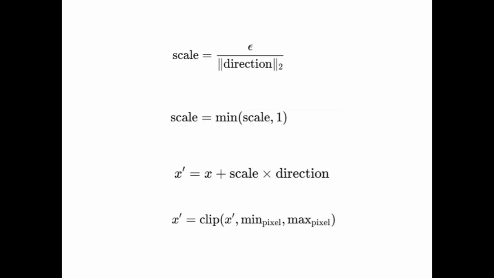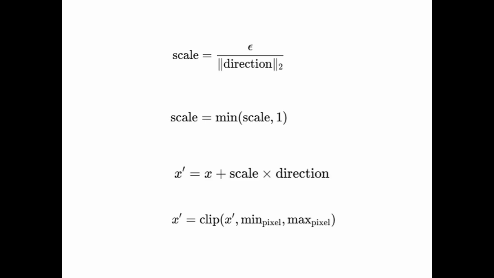The next step is to scale the perturbation. Now we need to calculate the perturbation so that it doesn't exceed a specified size, which is denoted by epsilon, if you remember. The scaling is calculated with the formula displayed on the screen, in which epsilon is the maximum allowed perturbation size, which was declared by the attacker previously, and the direction norm is the L2 norm of the direction, which was calculated in step 3.